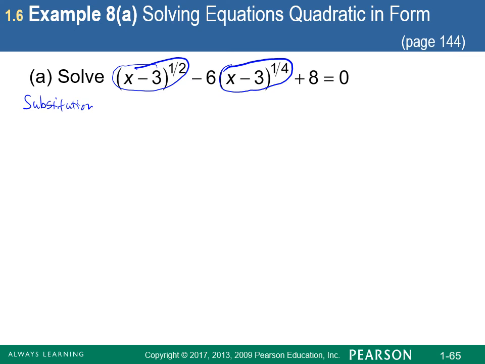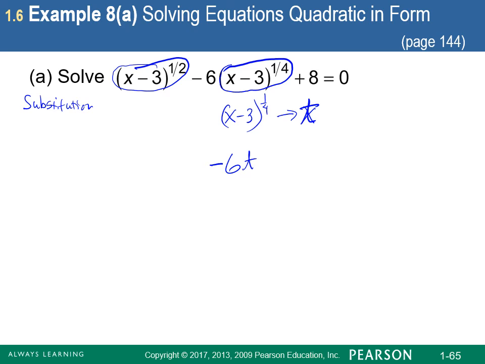We'll start by using the x minus 3 to the 1/4 power as x. Well, let's call it some other letter. How about we use a t, besides an x? So we're going to be replacing the x minus 3 to the 1/4 power with a t. So that'll be a 6 and a t.